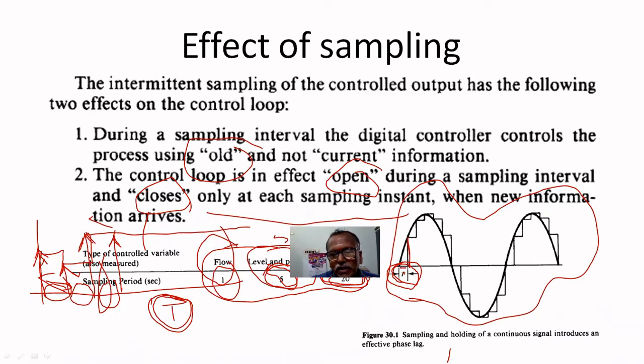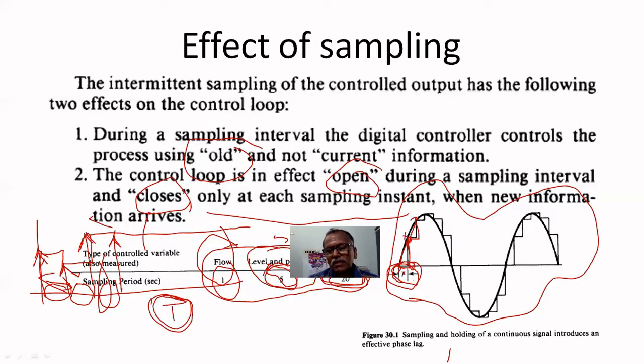Up to this point, the output is varying like this and reached this point, but we are not sensing that value, and we suddenly sample this. So the output is a higher value. Similarly, if it is a continuous system, it will vary gradually like this. But what we are doing is waiting till the next sampling period, then suddenly we get the new value.